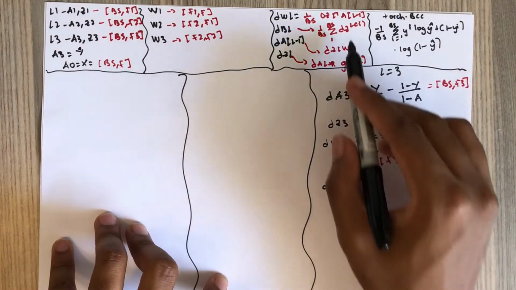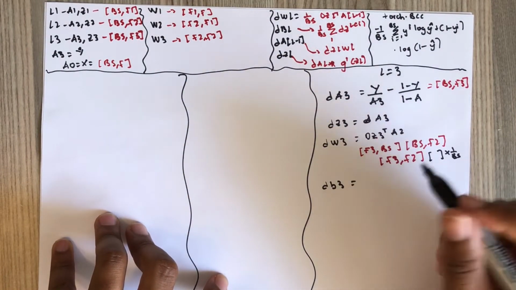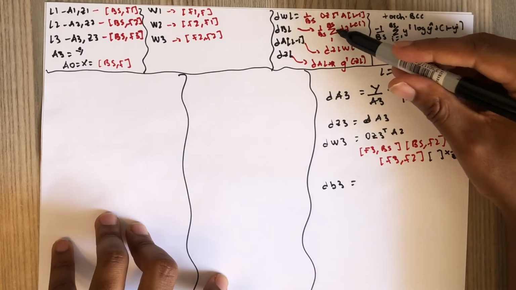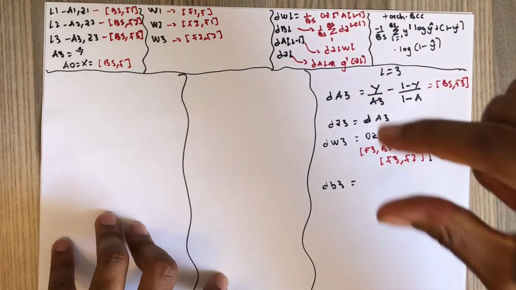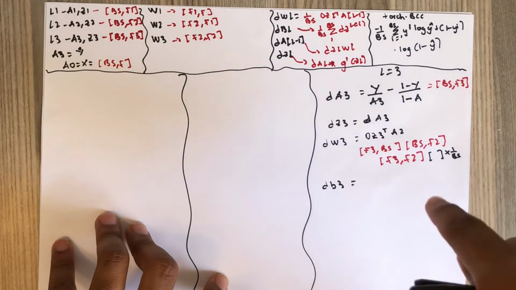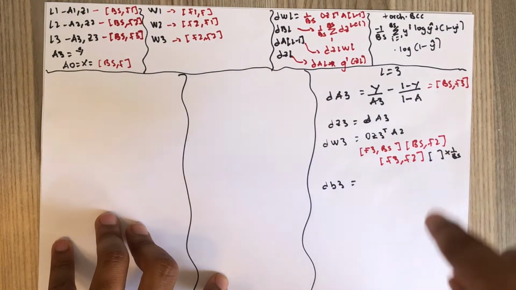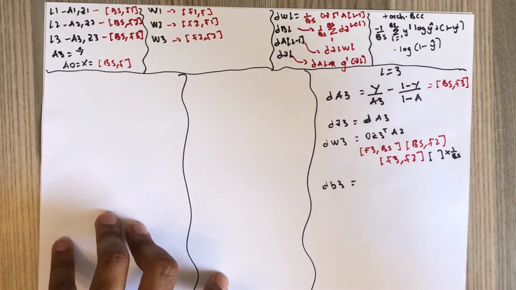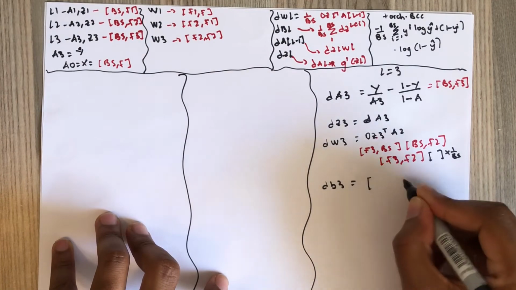Okay, so db3 says take each column. What the summation here means is take each column and sum it up. So at the end, you are going to have one row and multiple columns. So let me make it clear.